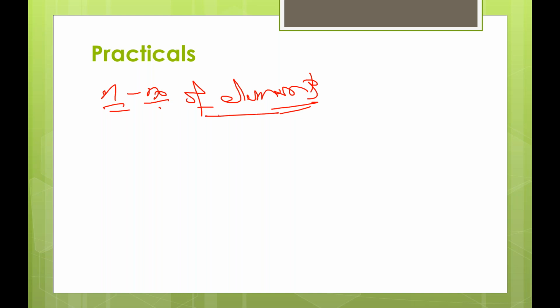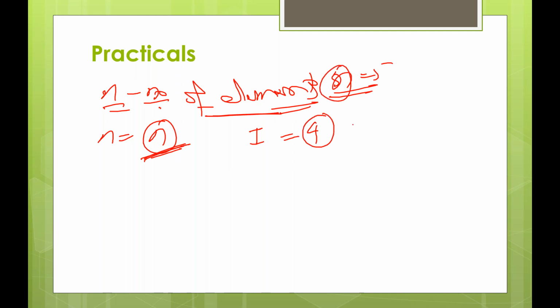So the number of elements is n, and the maximum number of iterations that we need is n. For the first iteration, we had 4 comparisons, taking n as 5. Can we express this 4 in terms of n? We can express it as n minus 1.